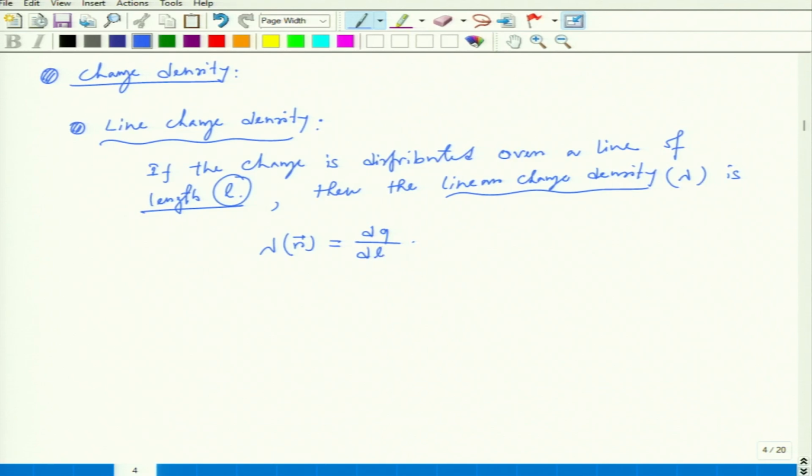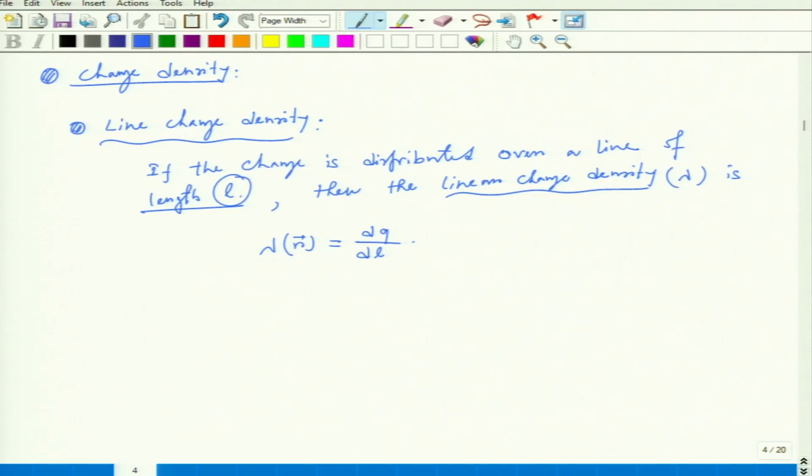Here we consider that the charge is distributed over a line. Let us consider a rod with charge distributed over it. In this case the distribution function may not be uniform, which is why the linear charge density is a function of r.